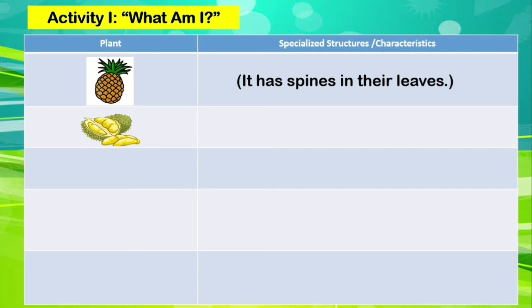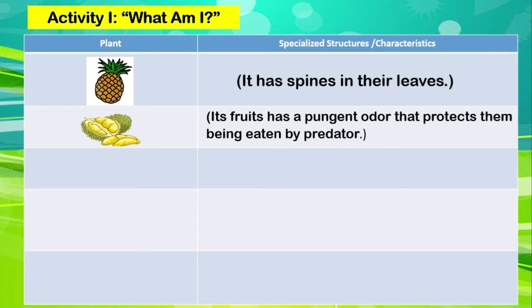Next plant is a durian. Oh, I love this fruit. Durian fruits have a pungent odor that protects them from being eaten by a predator. If you answered the same as this, very good.